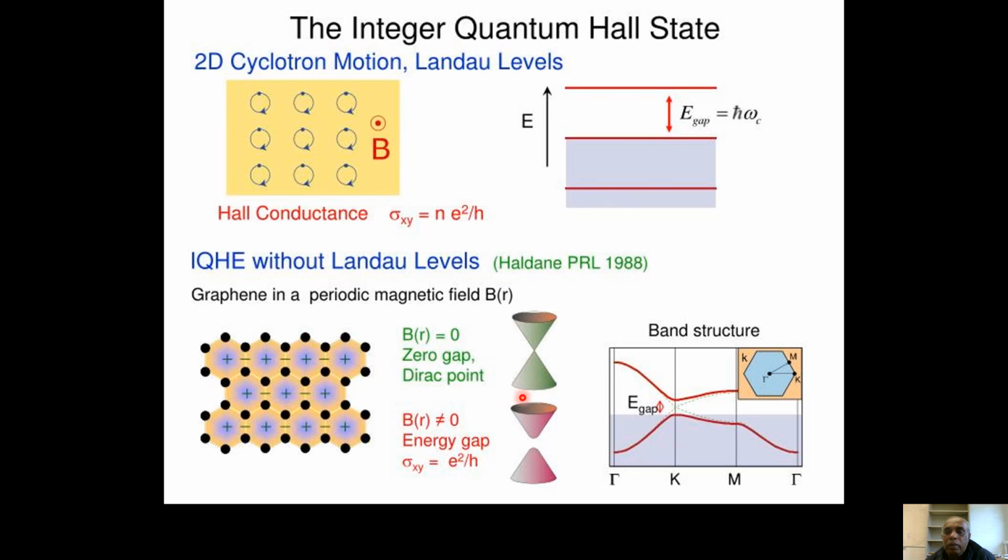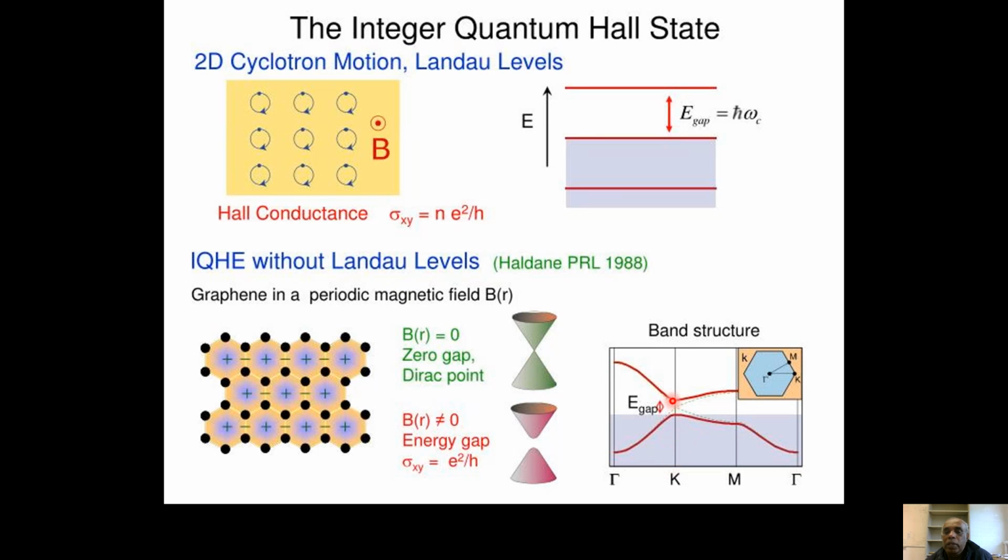without any magnetic field, for graphene we have this Dirac cone, right? But if you have a periodic magnetic field, so we are talking about not a static magnetic field, then there will be some charging happening in the graphene. That will cause some splitting of your bands at the K points.